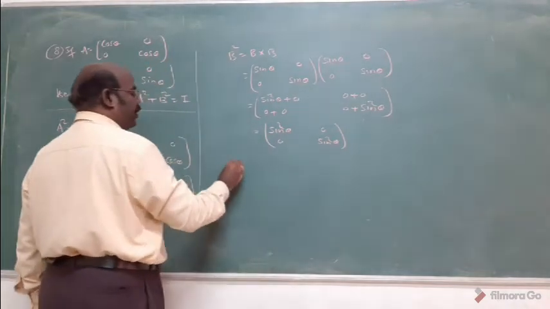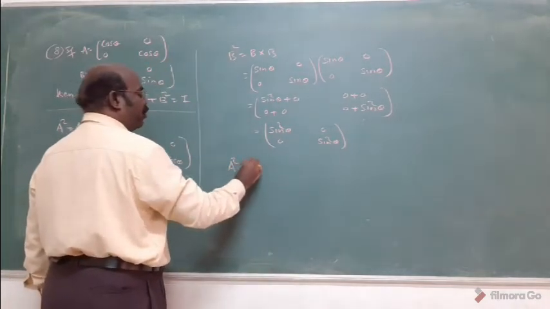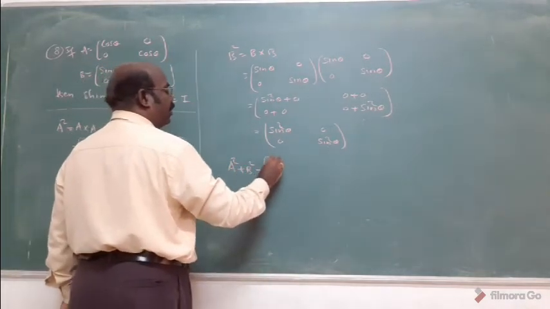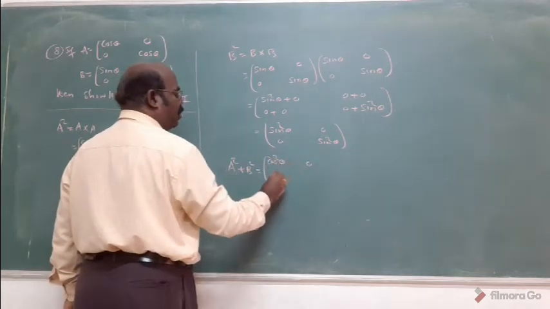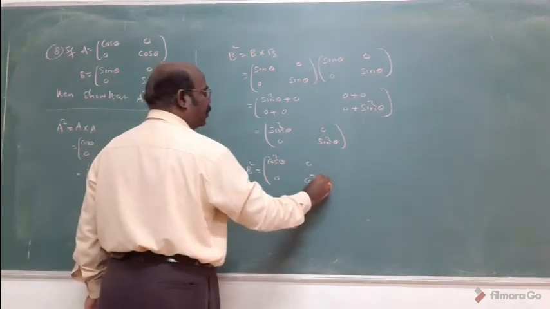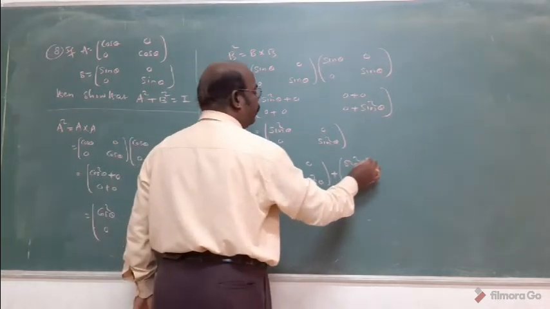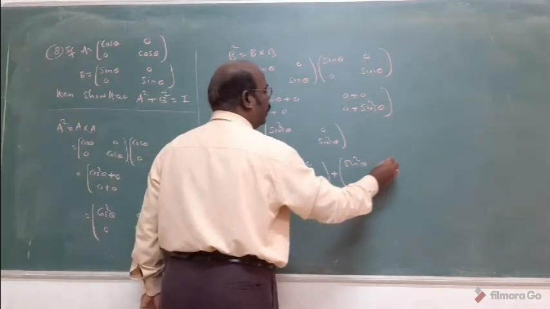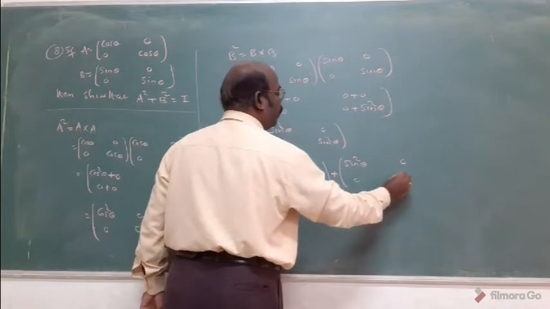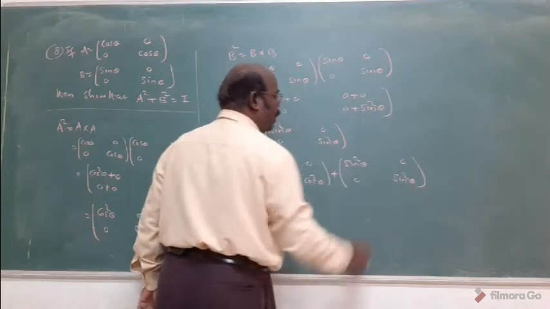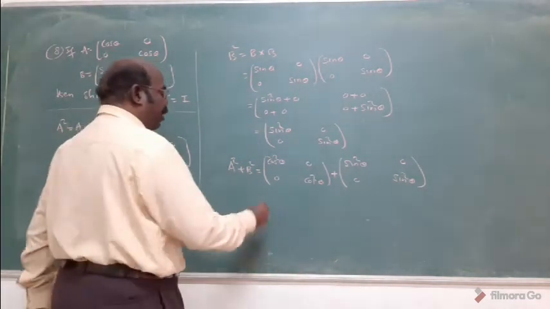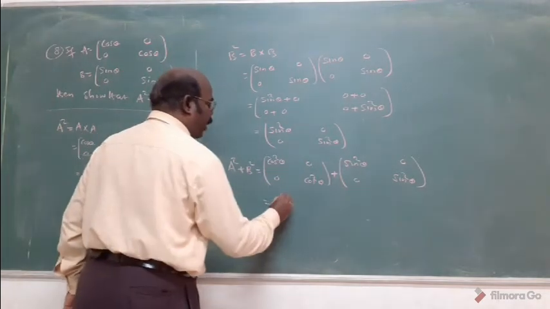Now I start with A square plus B square. A square is cos square 0 0 cos square, plus B square, sin square 0 0 sin square. This is addition, so corresponding elements should be added.